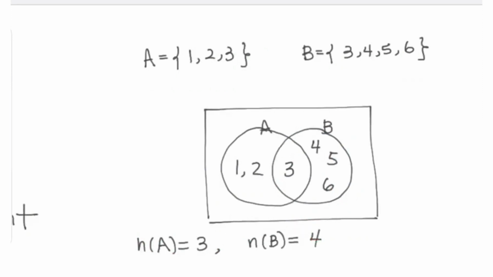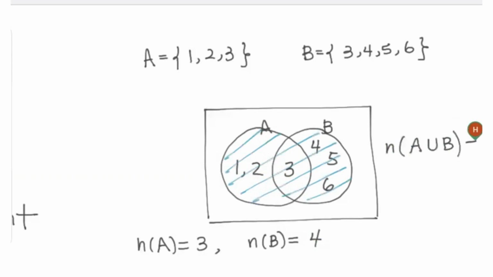Now, A union B. A union B is the region of A union B, everybody in A and B. That's A union B. Agree? How many are there? The question is, what's the cardinal number of A union B? Which is 6.